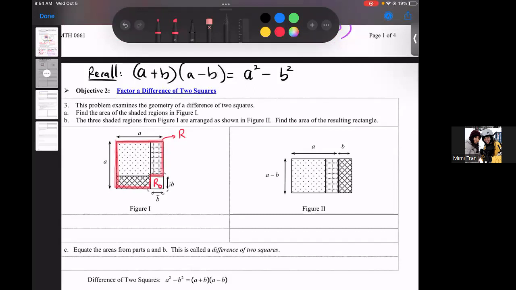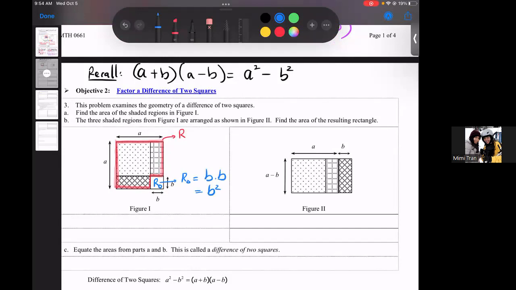Maybe I'll do R naught in blue. What is the area of R naught? b times b, which is b squared, right?